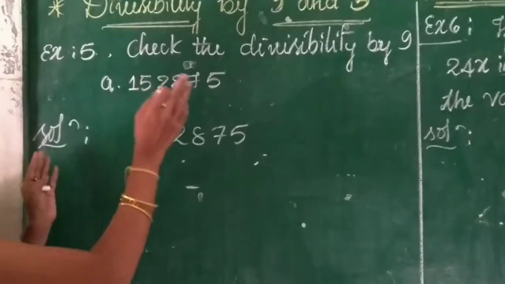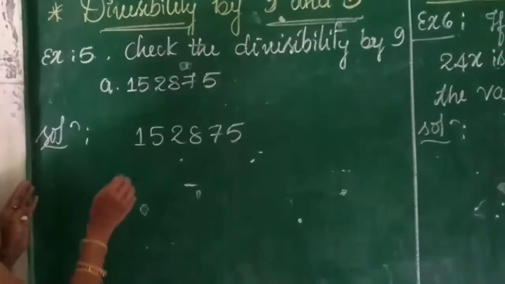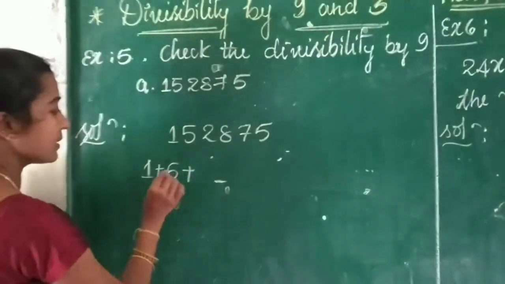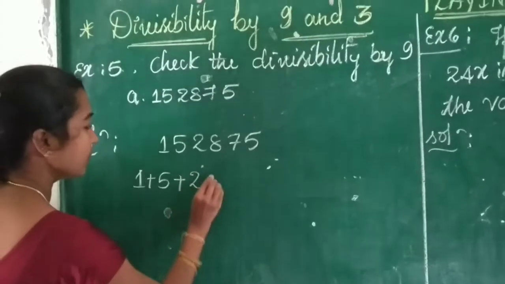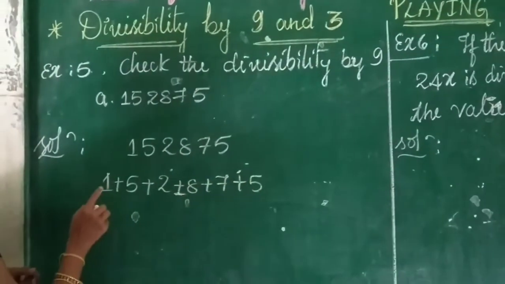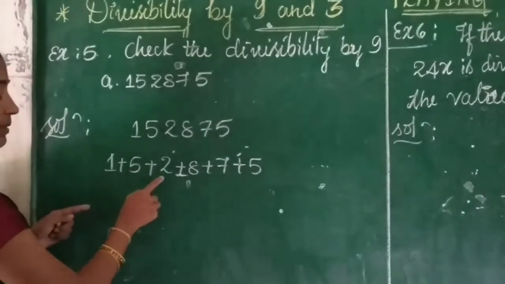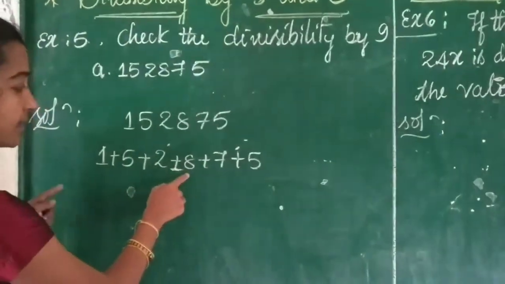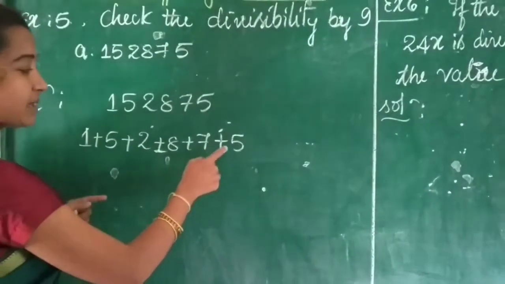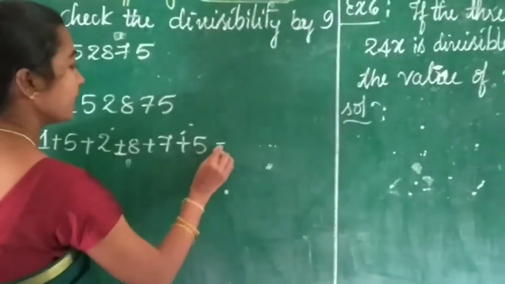According to the rule of divisibility by 9, first we find the sum of the digits. 1 plus 5 plus 2 plus 8 plus 7 plus 5. Now sum: 1 plus 5 is 6. 6 plus 2 is 8. 8 plus 8 is 16. 16 plus 7 becomes 23. 23 plus 5 is 28.